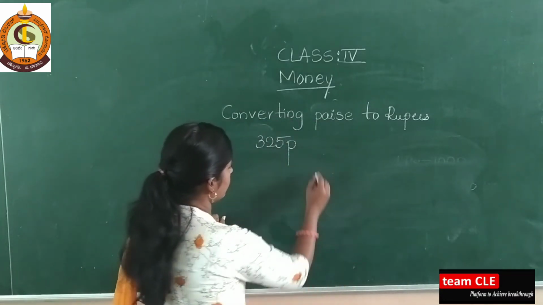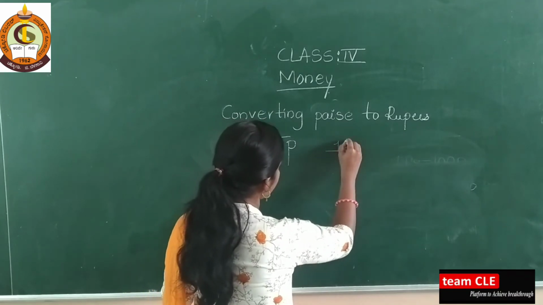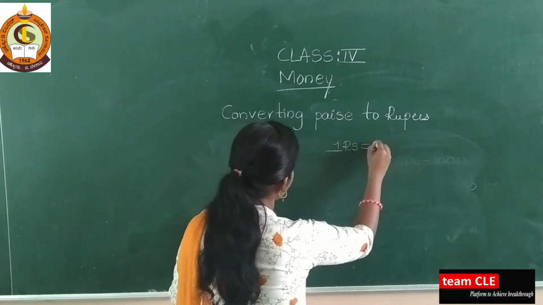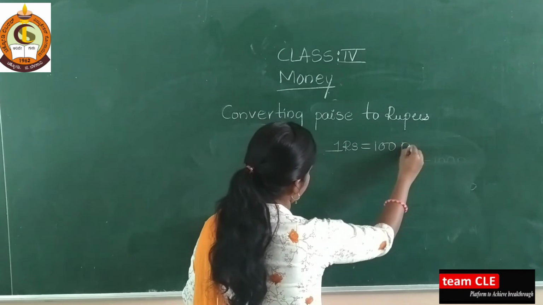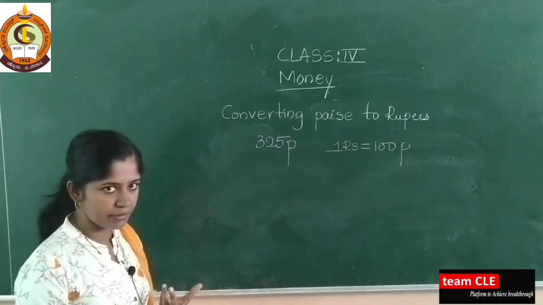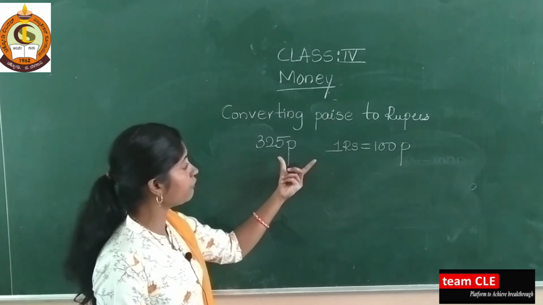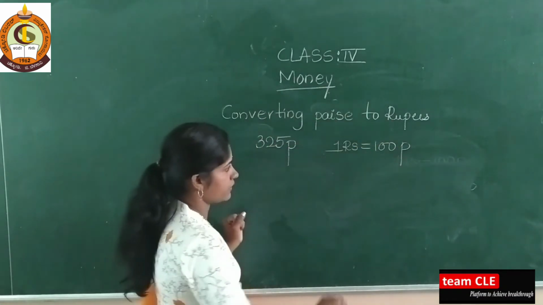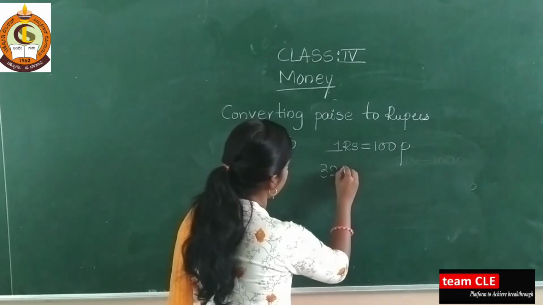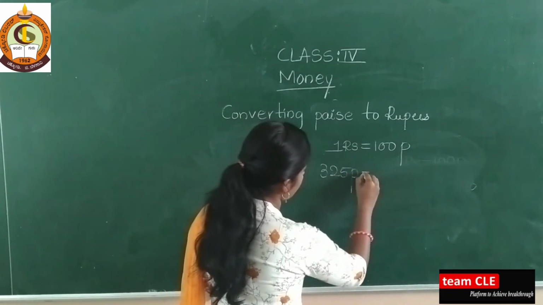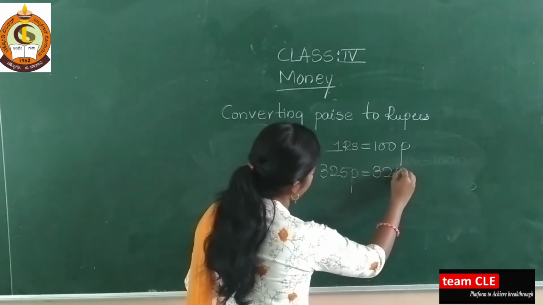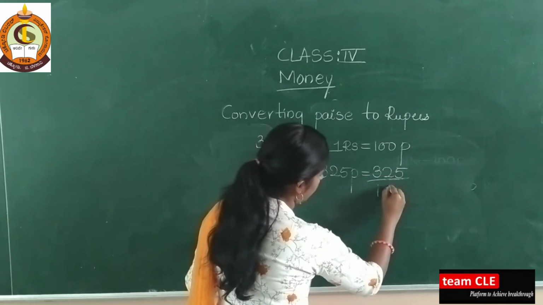So let's take here, already you know 1 rupee is equal to 100 paise. I am converting 325 paise to rupees. Then what do we have to do? 325 paise is equal to 325 divided by 100.